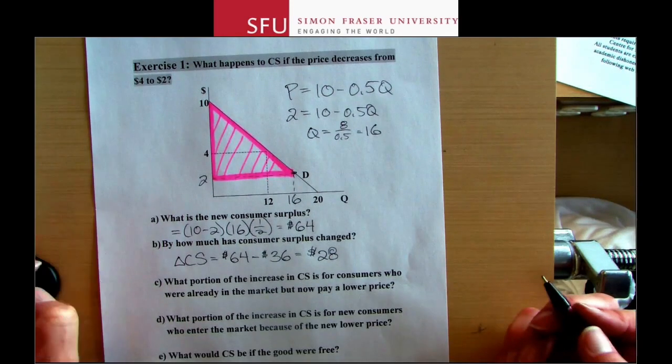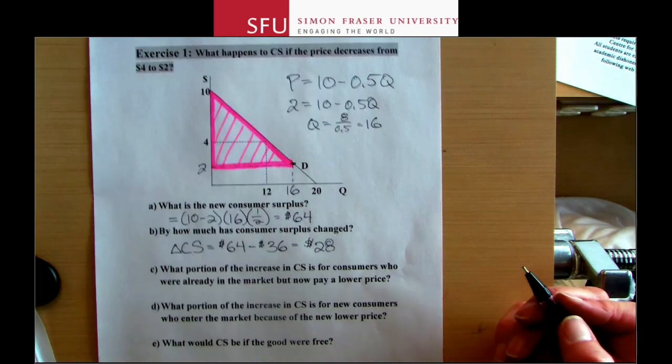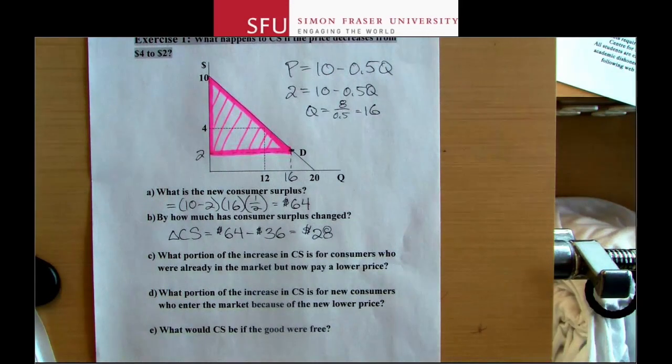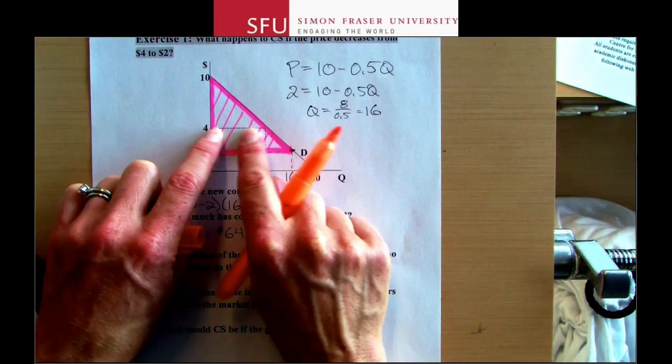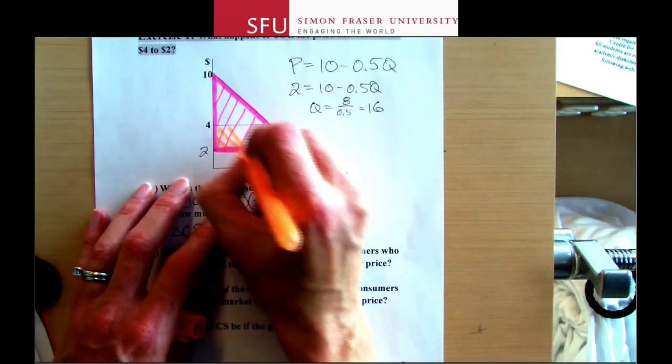Okay, so consumer surplus has increased by $28. And this increase, this delta CS, the difference between the original smaller triangle and the new one, would be this part here.